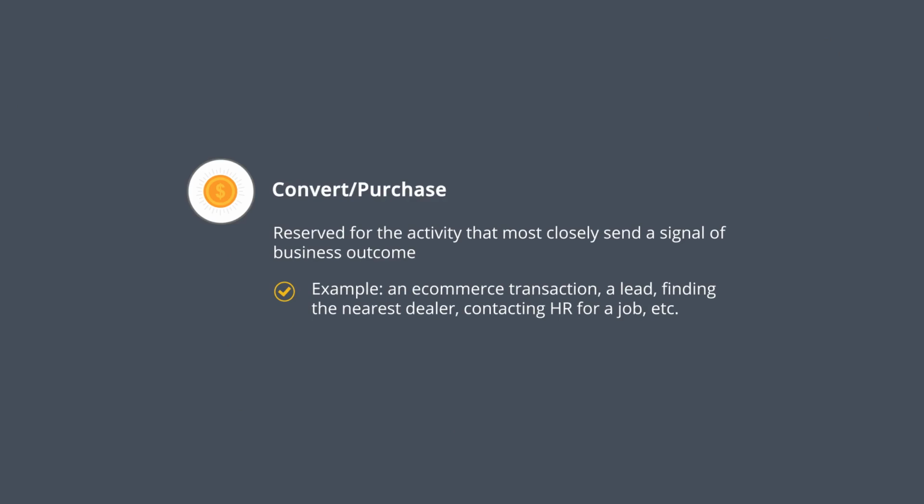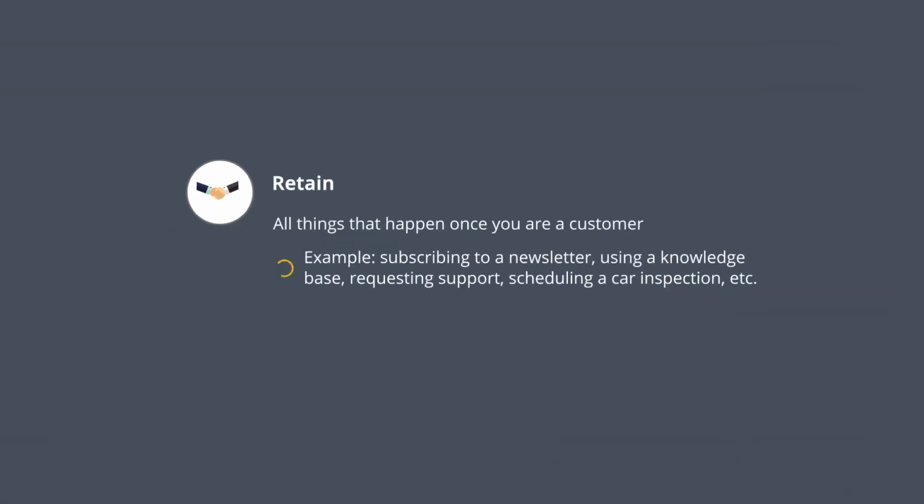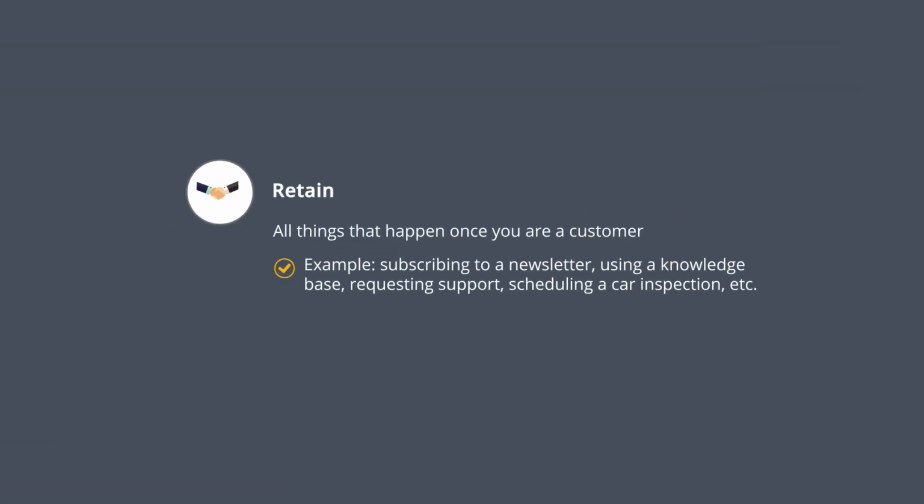Typically, those could be an e-commerce transaction, but it can also be a lead, finding the nearest dealer, contacting human resources for a job, and other activities. Retain are all the things that happen once you are a customer: subscribing to a newsletter, using a knowledge base, requesting support, scheduling a car inspection.